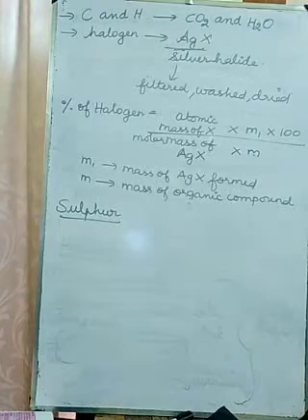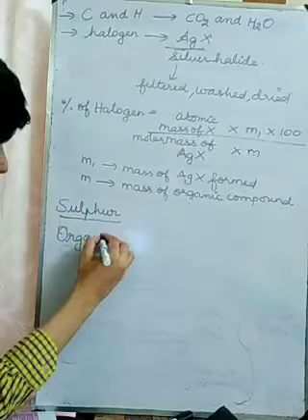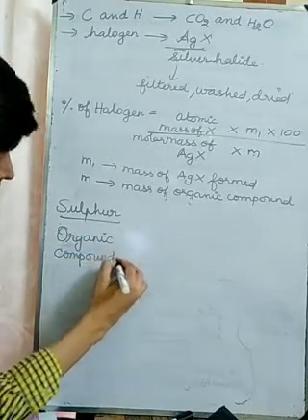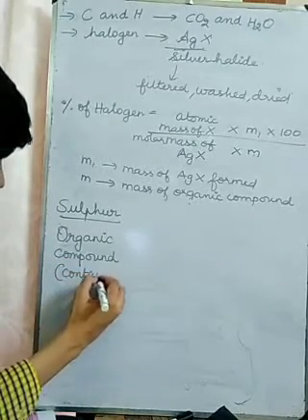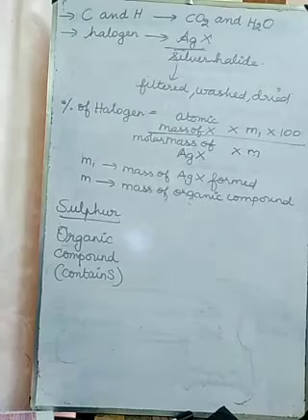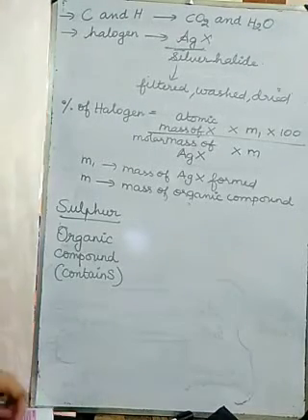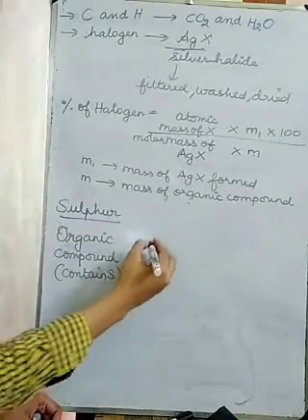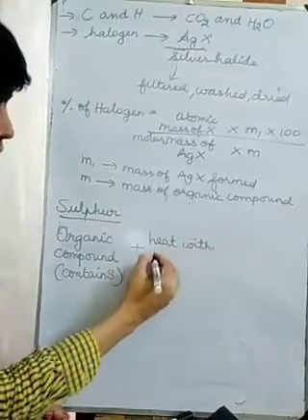Estimation of sulfur. So again what we have to do? We have to take the organic compound. The organic compound should contain sulfur. The organic compound which contains sulfur, you have to heat it with sodium peroxide. What is the formula for sodium peroxide?